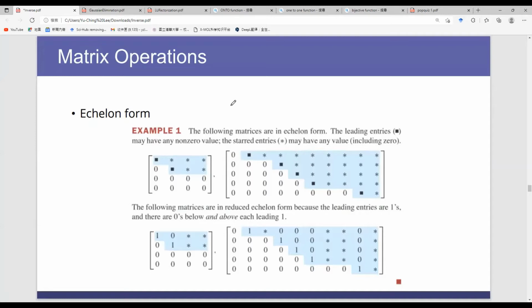Okay, and we can further reduce the echelon form into a reduced echelon form. And then in that case, you will see that all the leading entries become 1, and all the elements above and below the leading entries become 0, and everything to the left of the leading entries is also 0.